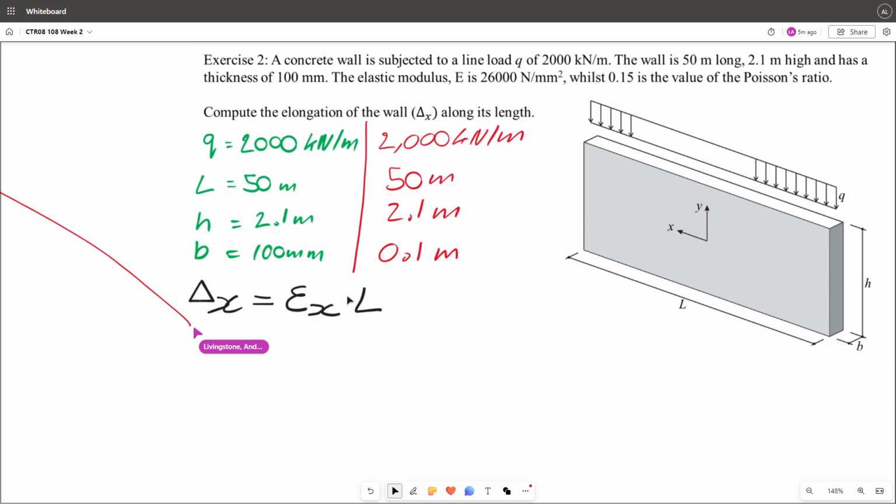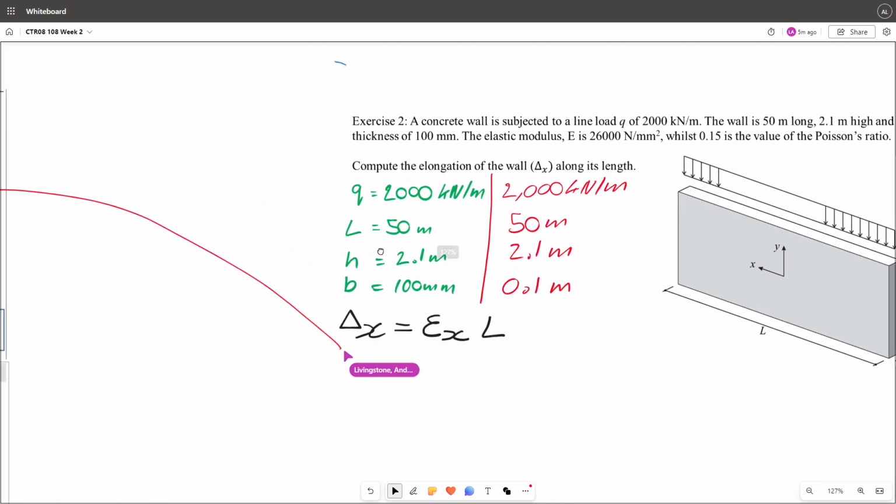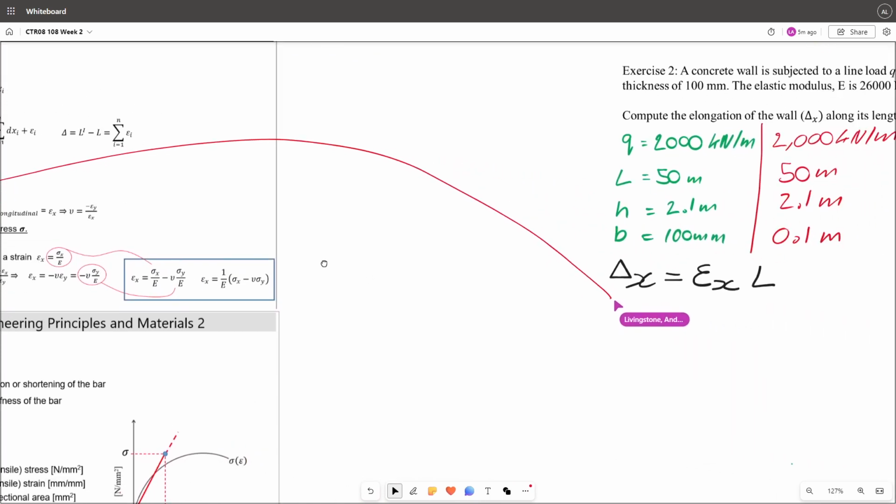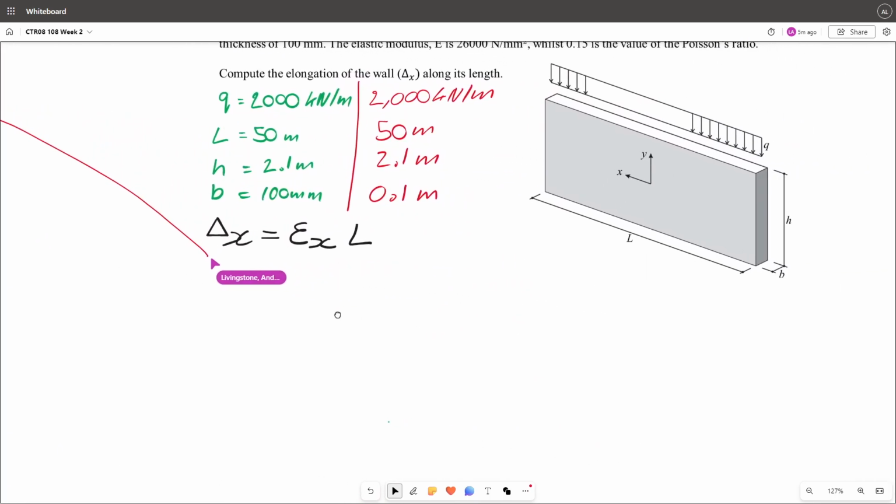Two monitors. I know that I've got this here. I'm going to use that to my advantage. Just write that down there.